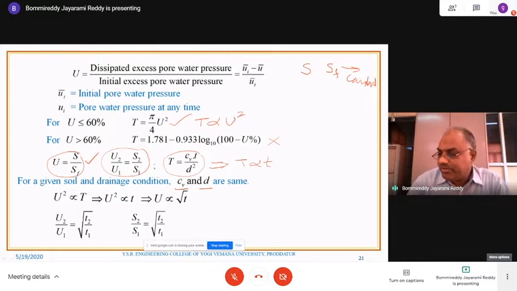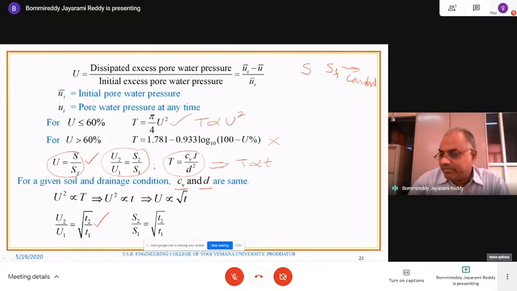Since T is proportional to U square, you can also write U square is proportional to t, and U is proportional to root t. And U is also proportional to S. You can see here, U is proportional to root t. Once you know U is proportional to root t, U2 by U1 equal to root t2 by root t1. So you can establish this equation.